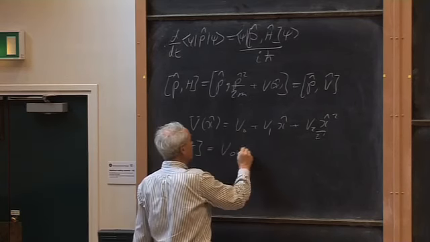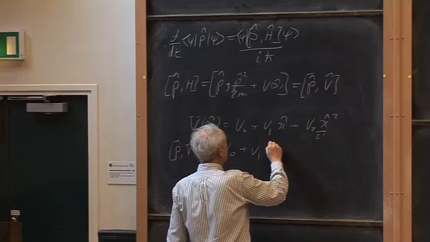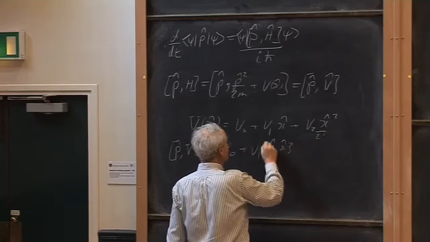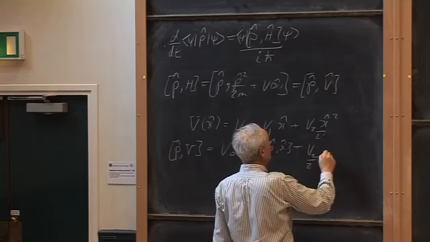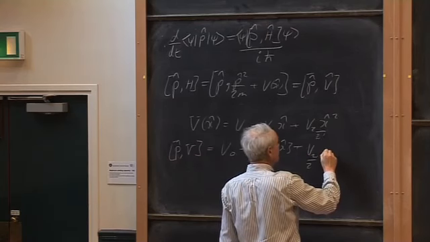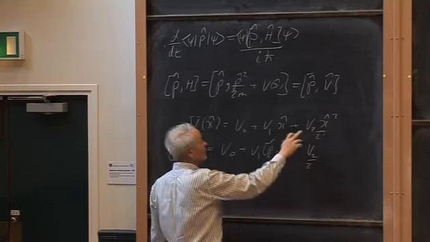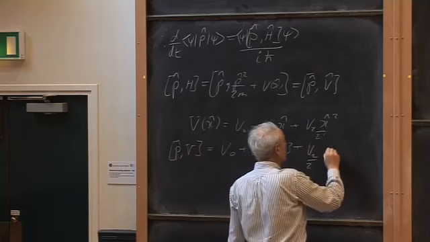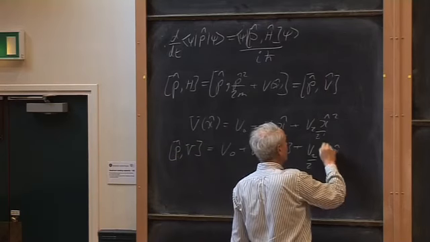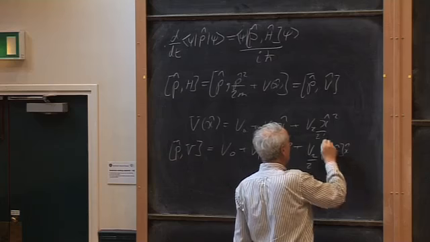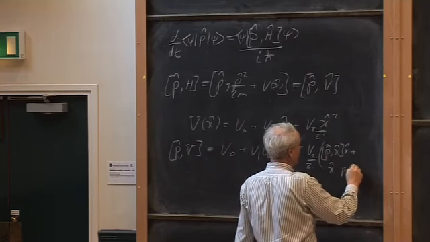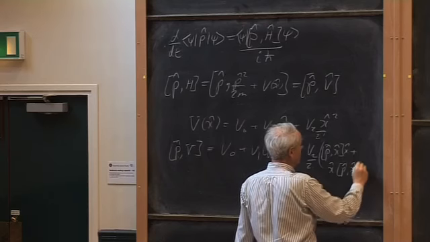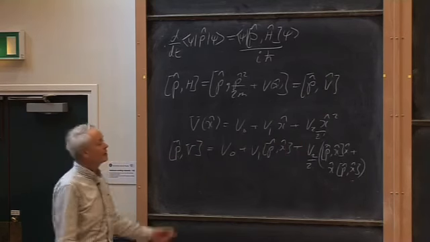We got V1 p comma x, et cetera, plus V2 over 2 times the commutator of p with x squared, which is p with x, with the other x standing idly by, plus x times p comma the other x, from our basic rule for doing the commutator with products.